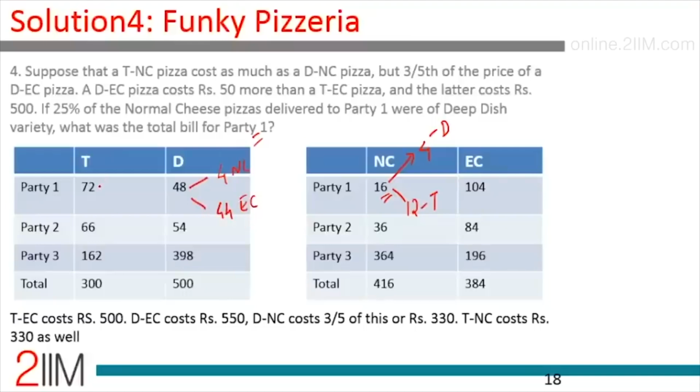Out of this 72, 12 are normal cheese, remaining 60 should be extra cheese. Now we have all 4 categories. We can find thin crust extra cheese, thin crust normal cheese, deep dish extra cheese, deep dish normal cheese. For all 4 we can find the exact number of quantities delivered, and we know the exact prices. Multiply these, add them up, you get the answer.